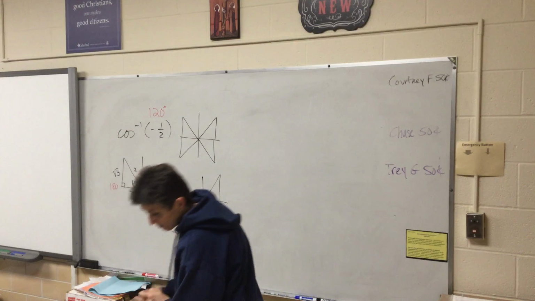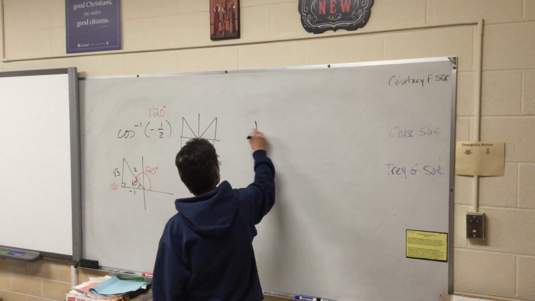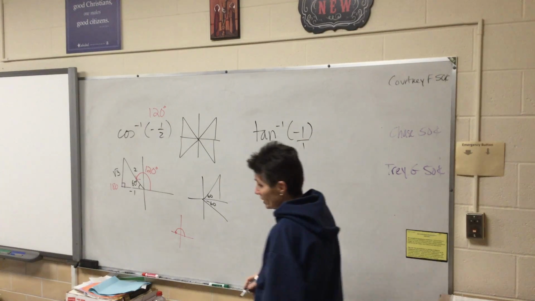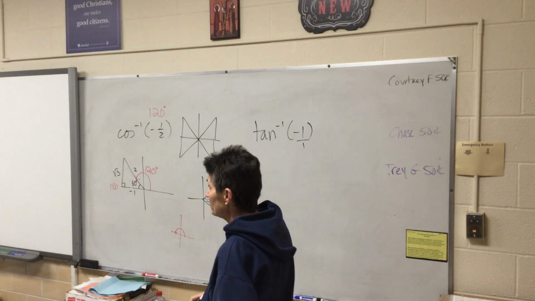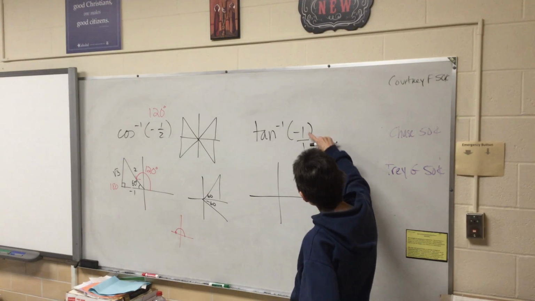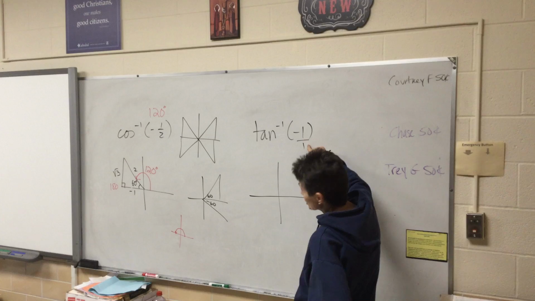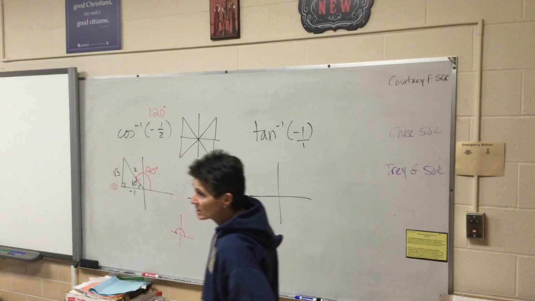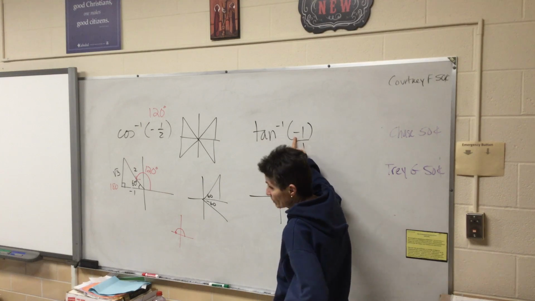All right, now we got another one. The angle whose tangent is -1. I'm going to put that over 1, -1 over 1, make it a fraction. So I got a triangle somewhere, and I know opposite over adjacent is 1 over 1. That's a negative number, though.